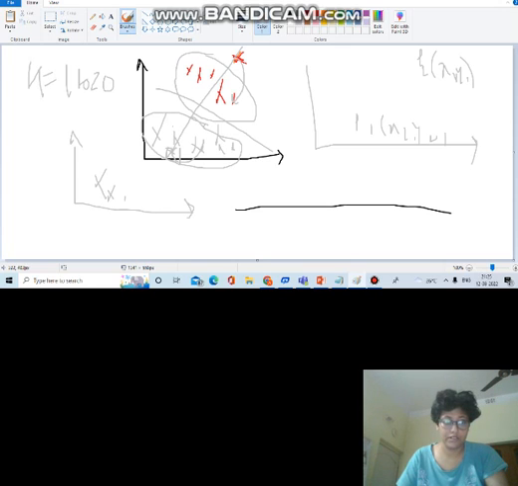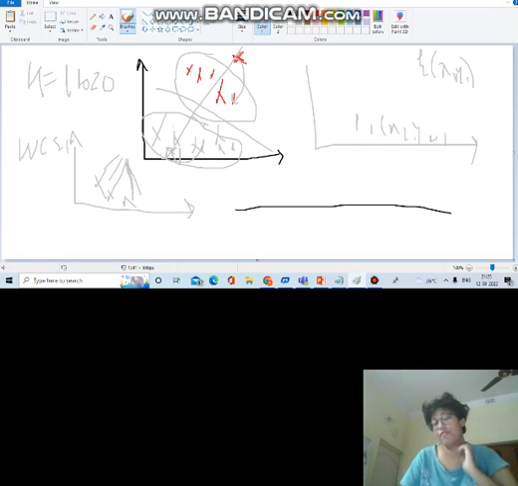For each, I have to calculate the within cluster sum of squares, and this is the WCSS. The within cluster sum of squares formula is the sum of (Ci minus Xi) whole square.